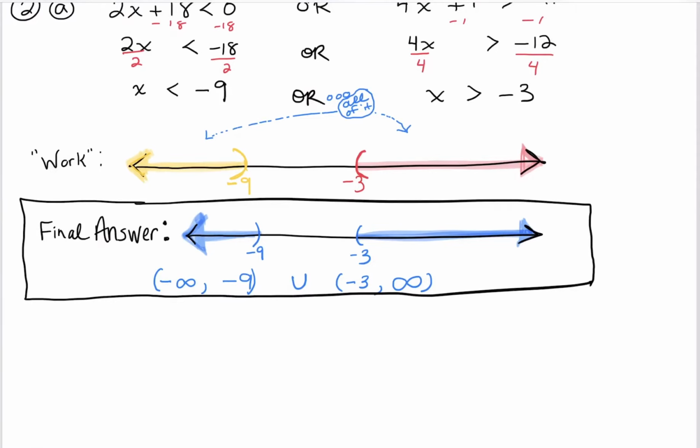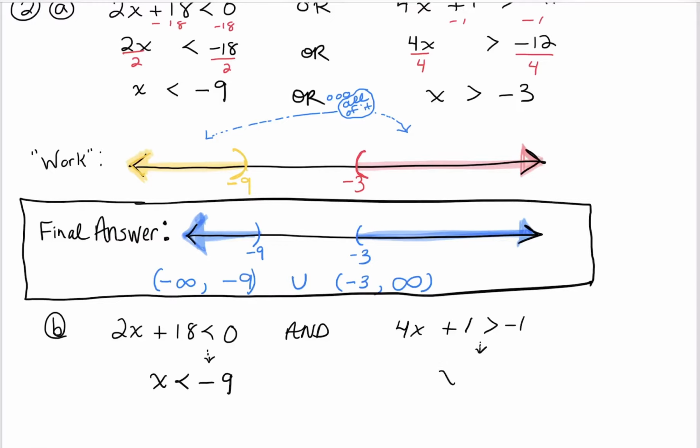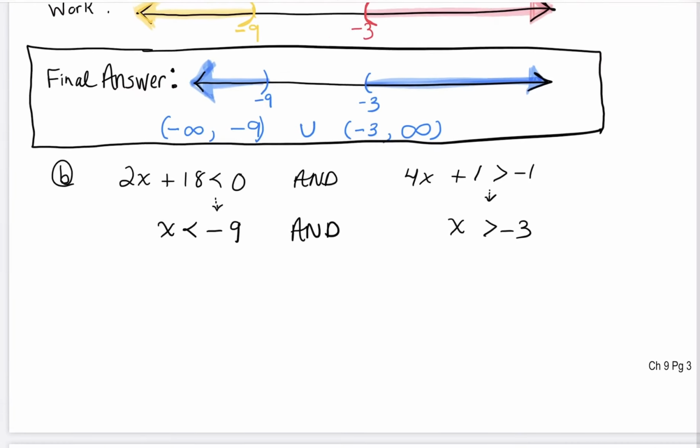Okay, now part B. Let's think about the exact same inequalities, but suppose my word this time was and. We've already solved these, so dot, dot, dot: we know we get x is less than -9, and x is greater than -3. This time, though, it's the word and.